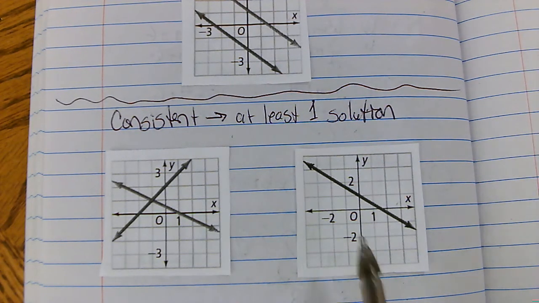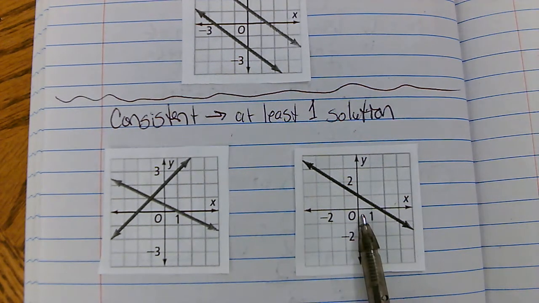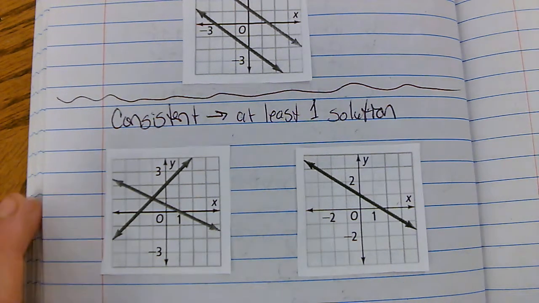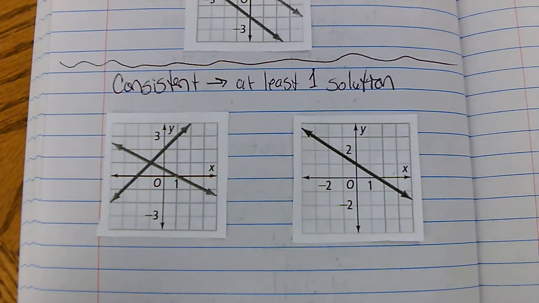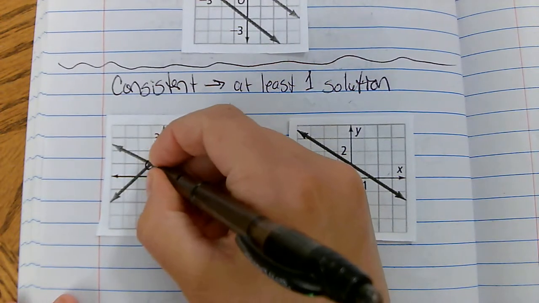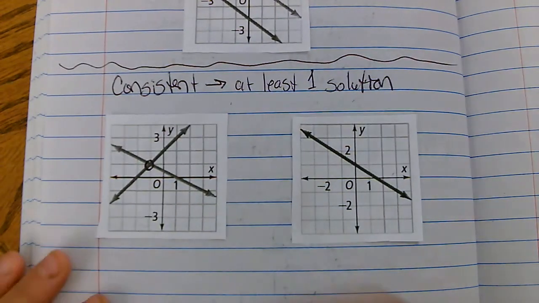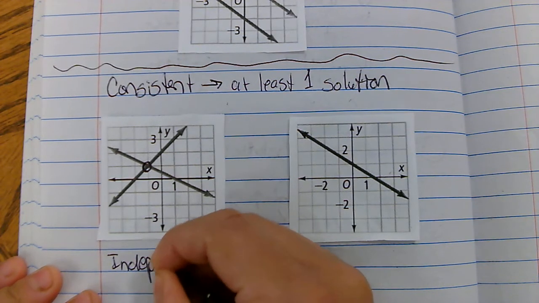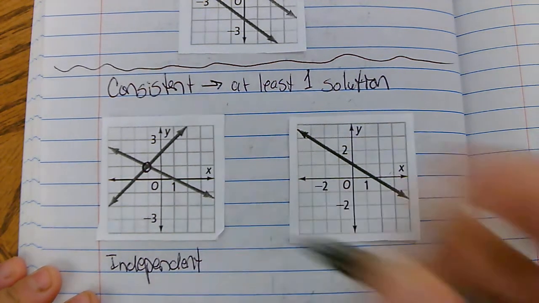But you'll notice, and it's kind of hard to tell with this one, it's supposed to be two overlapping lines. If a system is consistent, it can be one of two subcategories. If you have only one solution, like this one does here, this is called an independent and consistent system.